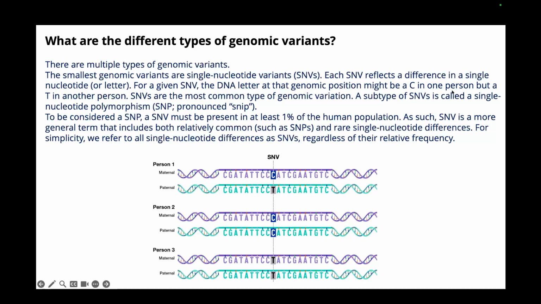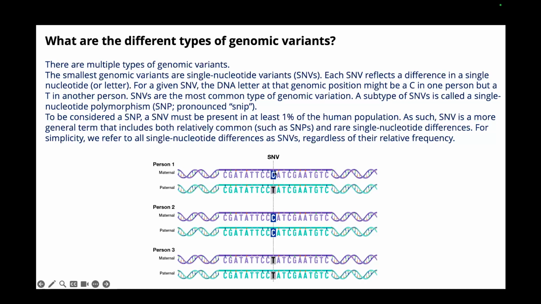So these are commonly known as SNPs, or sometimes you'll hear people mention them as SNVs. So basically, these are single nucleotide differences inside the genome when you compare it to your reference genome.